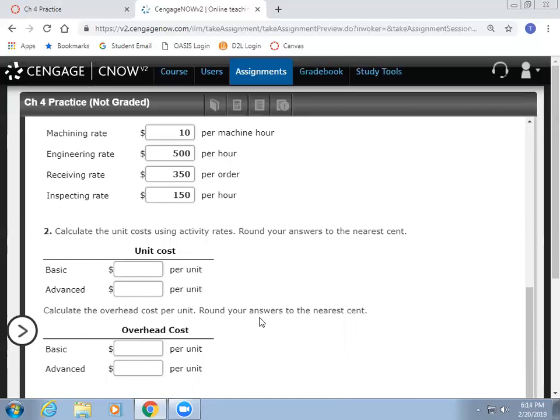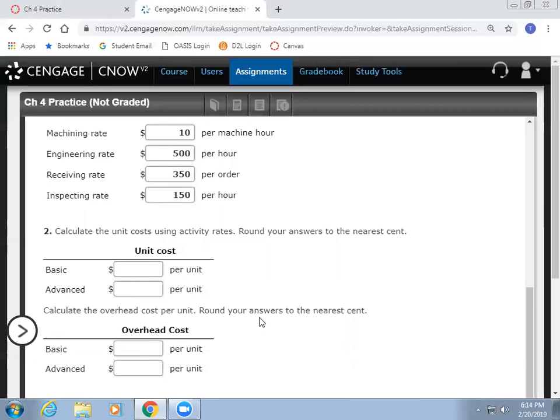Plus, let's see, we have 400 receiving orders times 350 per order. Plus, last but not least, we have 800 inspection hours times 150 per hour. Okay, so that's all of our overhead. So again, a little lengthy.